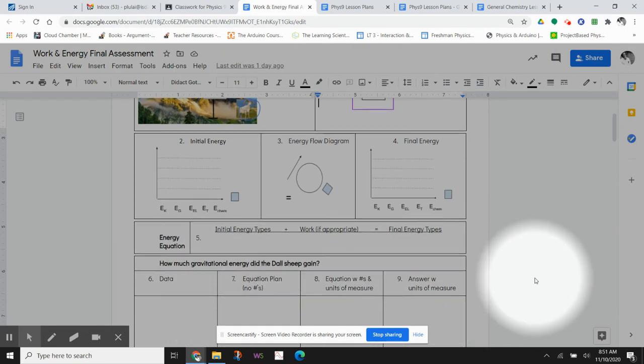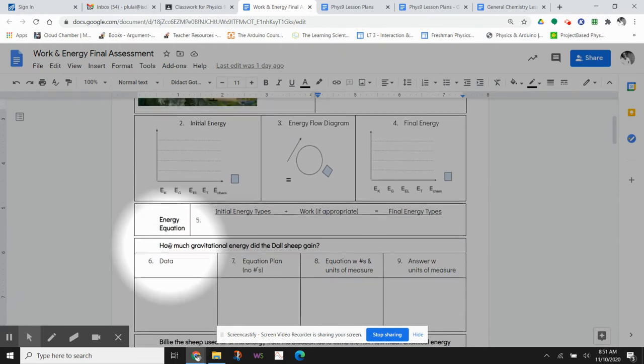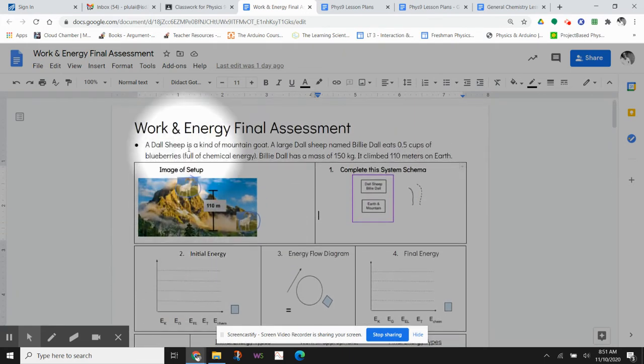So I will take a look. The data section is really just where we put the information that is given to us in the problem. So I'm going to do a little bit of back and forth scrolling here. I scroll up to the question, and a Dall sheep is kind of a mountain goat. One eats 0.5 cups of blueberries, has a mass of 150 kilograms, and it climbs 110 meters on Earth.